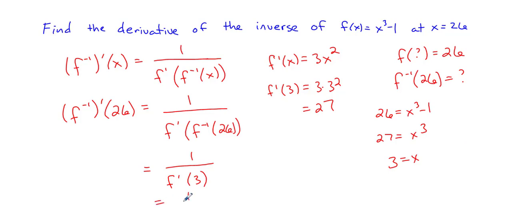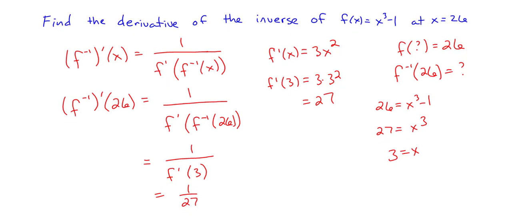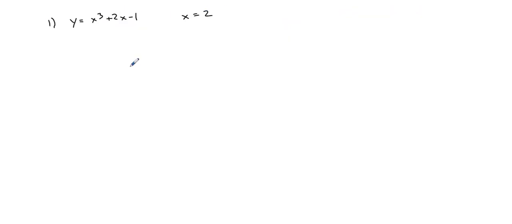So this is just 1 over 27. There we go. This would be the slope of the tangent line of the inverse of f at x equals 26. Composite function, use the chain rule, guys. Bring it back to calculus.